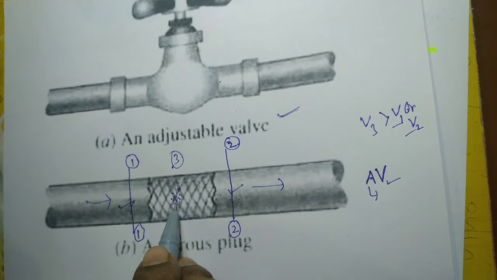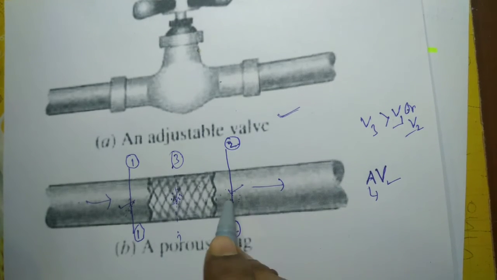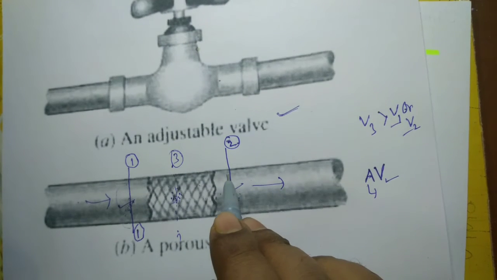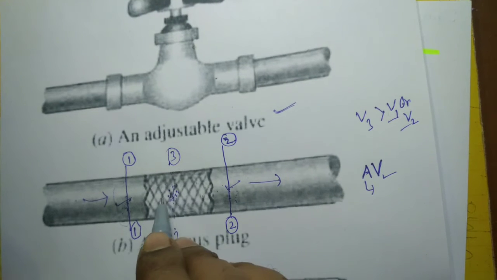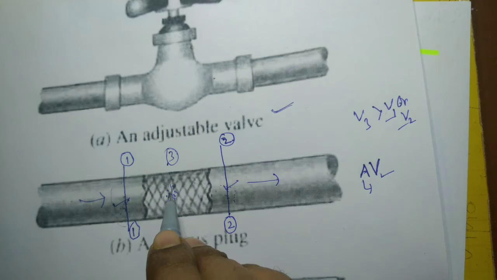The velocity does increase here, but we can neglect that because we are considering only the inlet and outlet sections, upstream and downstream, where the velocity is the same because the cross-sectional area at 1 is the same as the cross-sectional area at 2. So we can neglect that increase in velocity at this section.